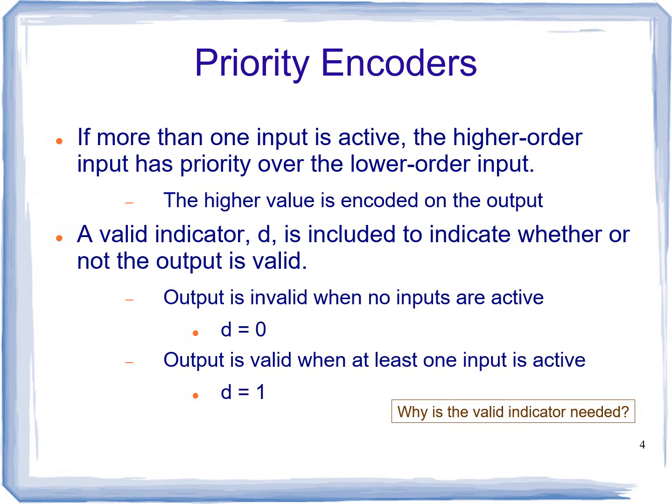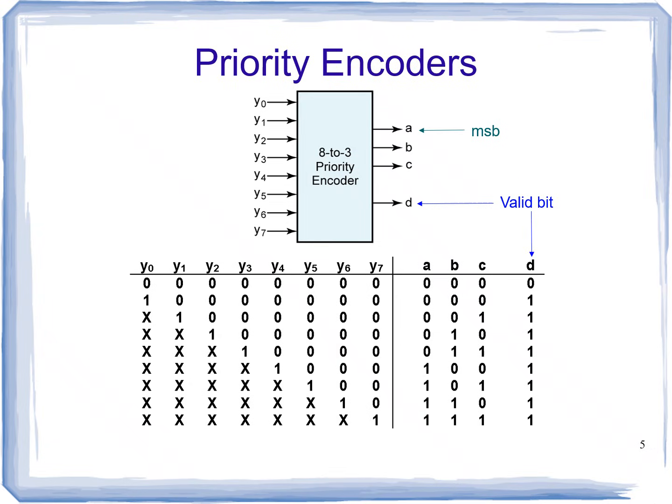So in encoders there is no priority bit. Based on the enable of the input, the output will come. Here, based on the priority of the input, the MSB takes the higher precedence. If the MSB bit is high, then the output will be high, so the valid bit is also high here.